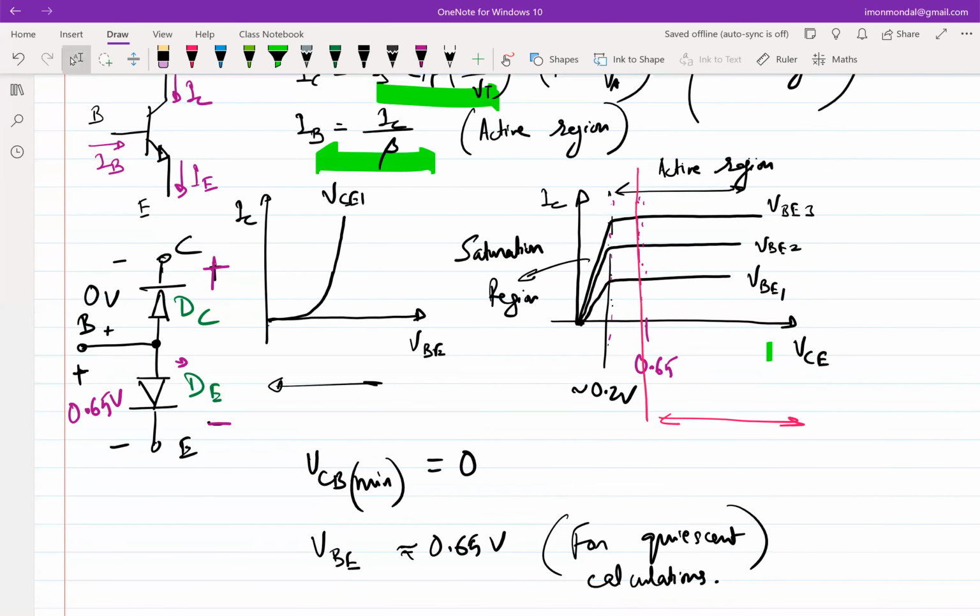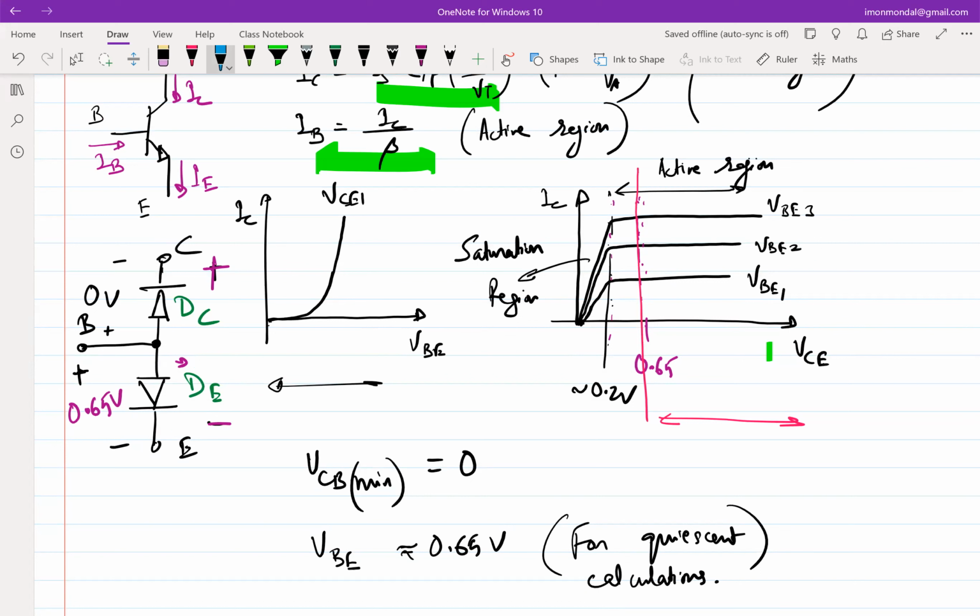Now, there is another set of terminologies that I'm sure you were familiar with from your ESC 201. Since this is a back-to-back diode, and these are PN junction diodes, let's say I concentrate on this diode.